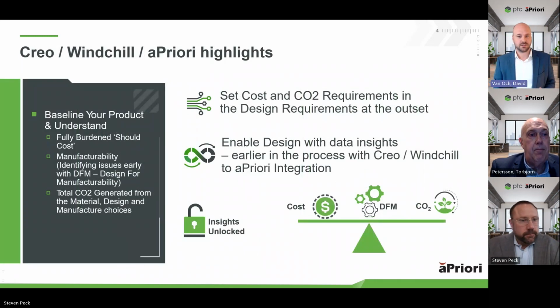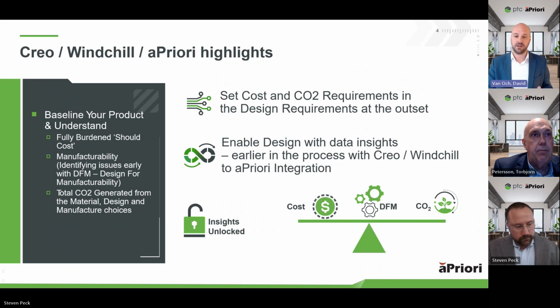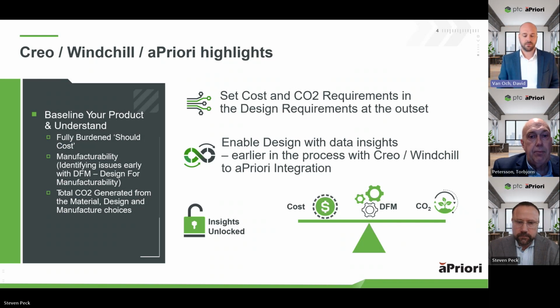When making design choices that help reduce the CO2 within the materials used, or making design choices in the function of the manufacturing process, it can be a balance between the CO2 and cost. aPriori can help the design engineer strike the balance between both, while also ensuring that the desired component is manufacturable, something that can save considerable time, scrap, and waste when looking at alternative materials, different designs, and changes in the manufacturing approach as well.